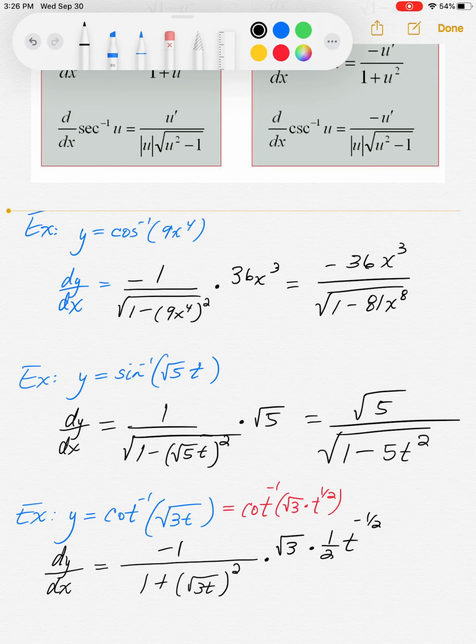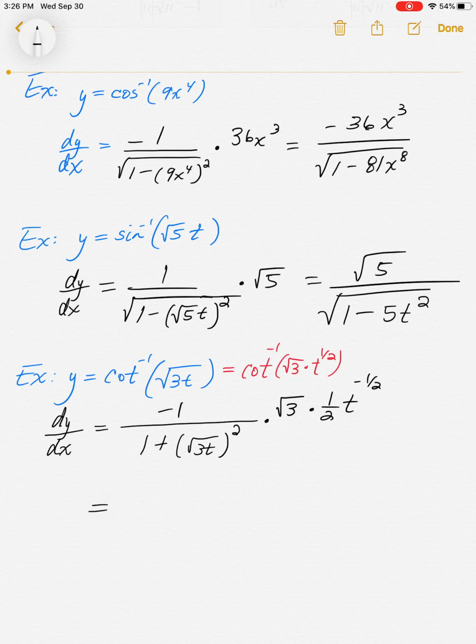And you'll get your final answer of negative square root 3 over 2 square root t times 1 plus 3t after simplification.